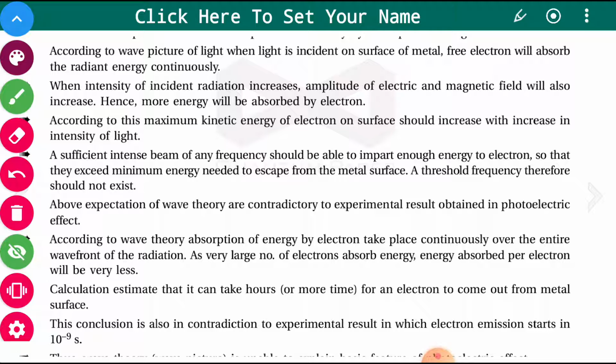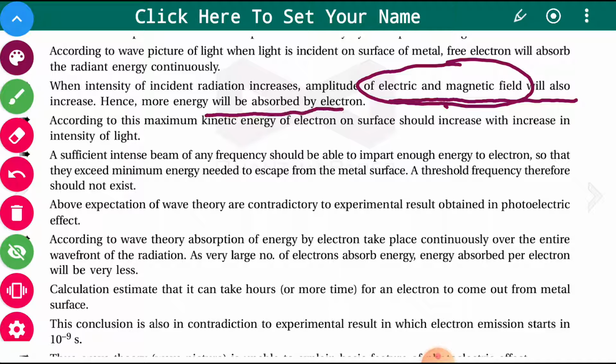When the intensity of incident radiation increases, the amplitude of the electric and magnetic fields will also increase. Hence, more energy will be absorbed by the electron. That is our assumption here. In wave theory, the more the intensity, the more the amplitude of the electric and magnetic fields, and more energy will be absorbed by the electron.